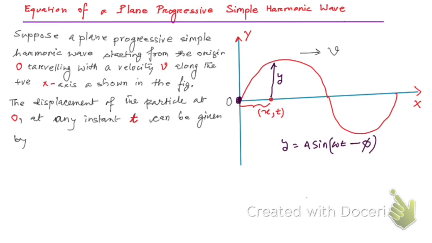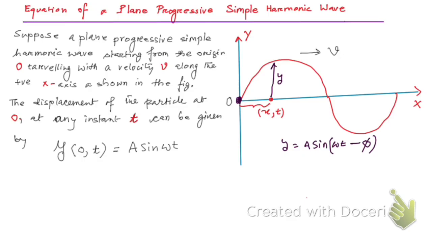Let me write a small y to represent this displacement at x equal to 0. At this position x equal to 0, so I'm writing y(0, t) equal to a sin omega t.